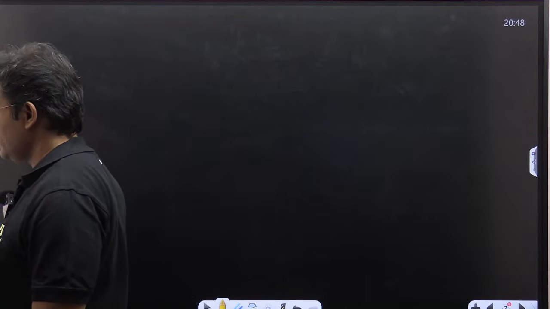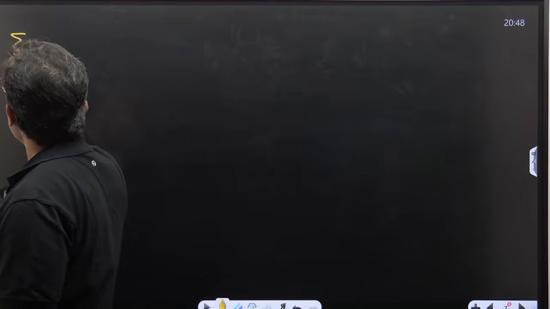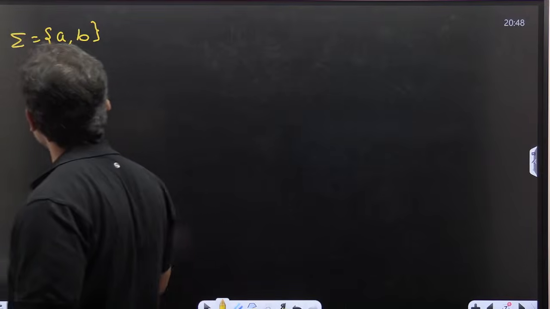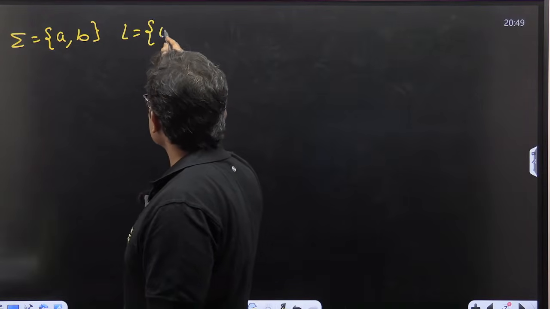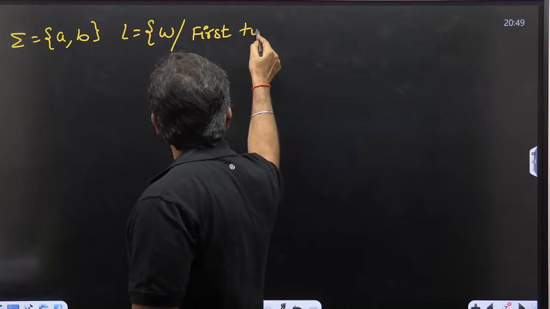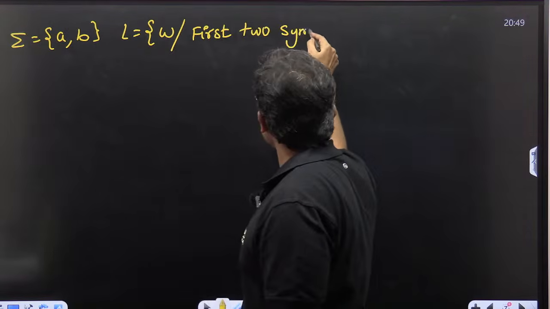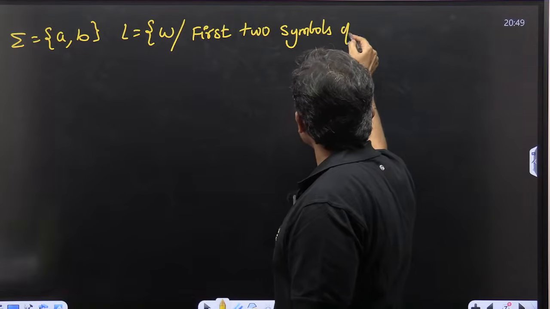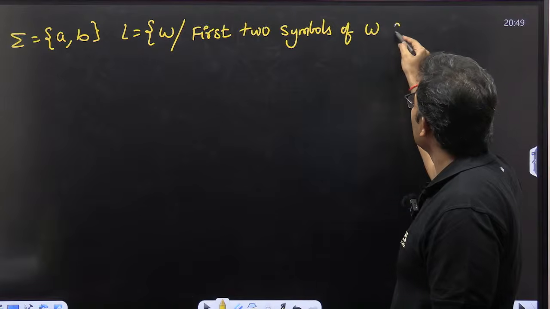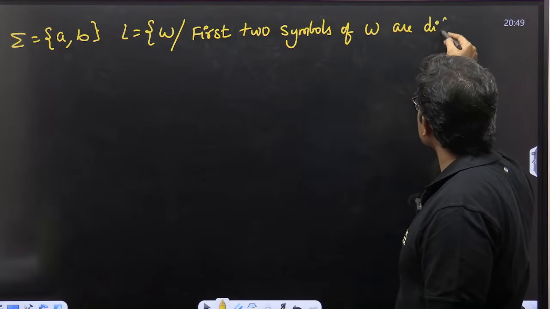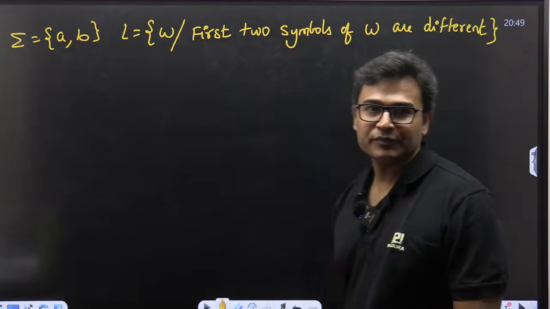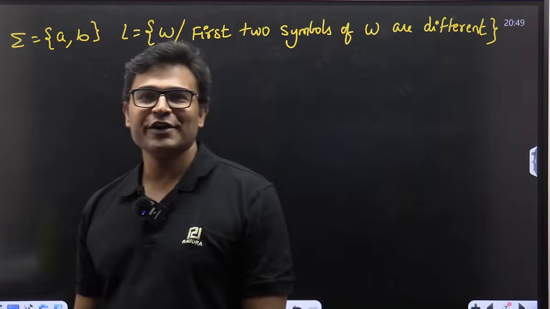Sigma equals {a, b}, L equals the set of W such that the first two symbols of W are different.